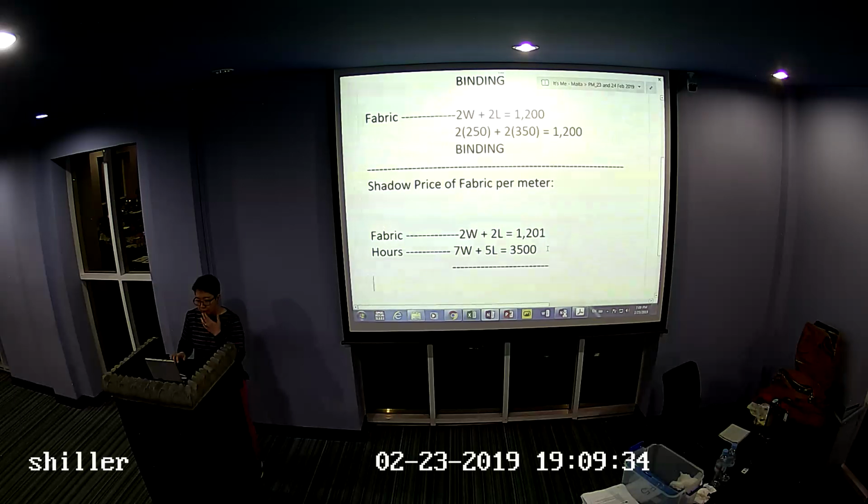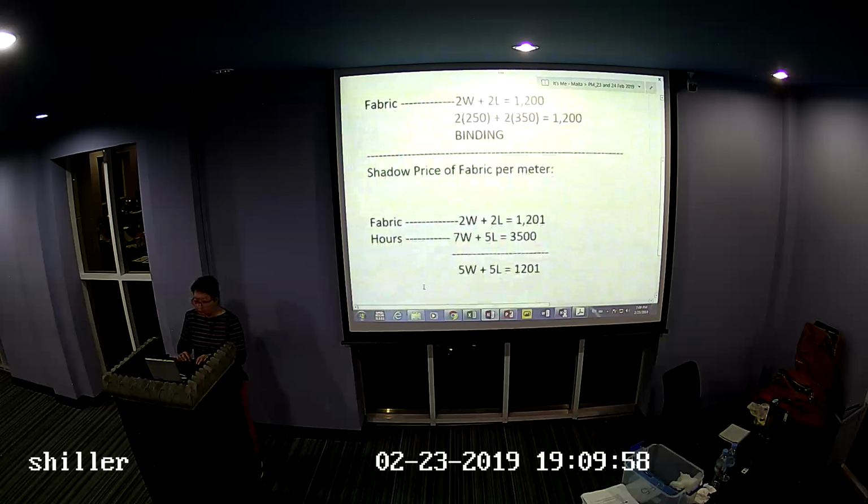You want to make it 2.5 as well? Okay, no problem. So multiply by 2.5, it will become 5W plus 5L equals 1201. The next one remains the same: 7W plus 5L equals what?